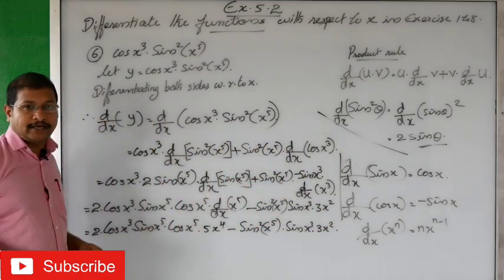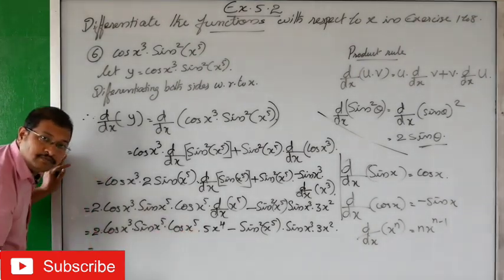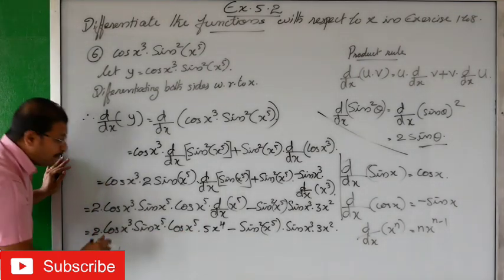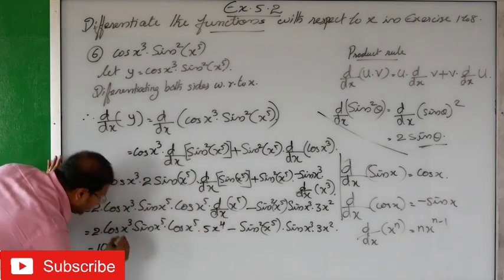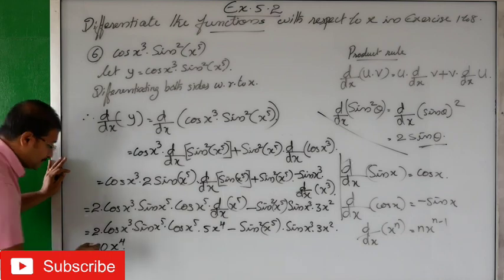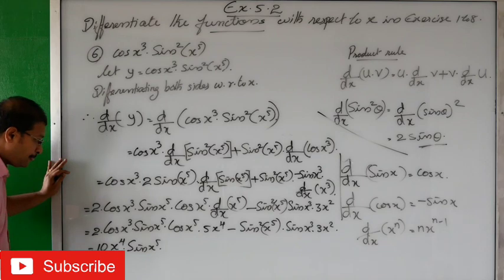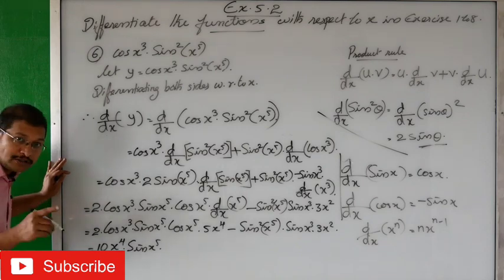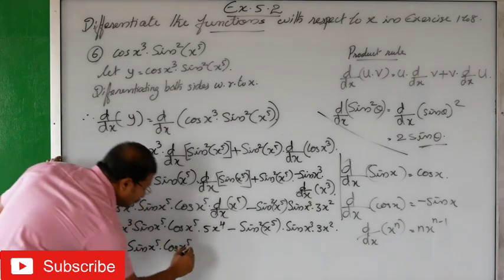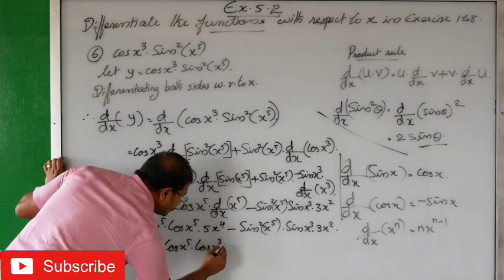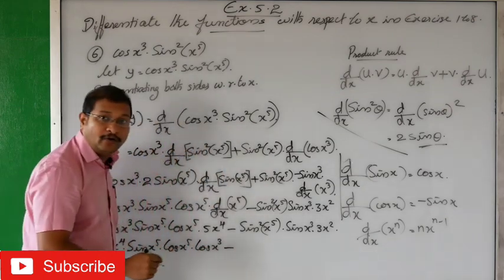Ready? Let us arrange it now. Equals. Now see, 2 into 5, 10. After that we'll write x raised to 4 into, now what you'll do? Yes, sine x raised to 5 into, next one, cos x raised to 5, x raised to 5 cos x cube, ready, minus, now what you'll do?